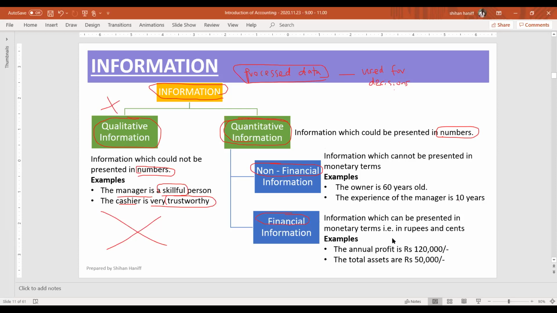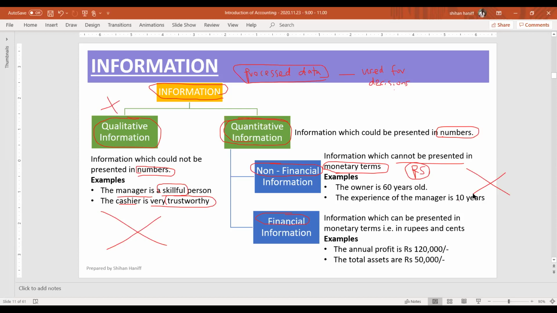So they are called non-financial information, which cannot be presented in monetary terms. What is meant by monetary terms? Monetary terms means rupee value, rupees and cents. If you cannot present it in rupees and cents, we don't take that information. Non-financial information is not taken into accounts.